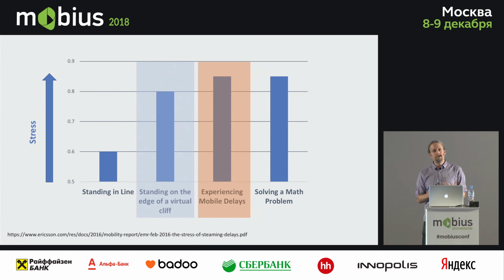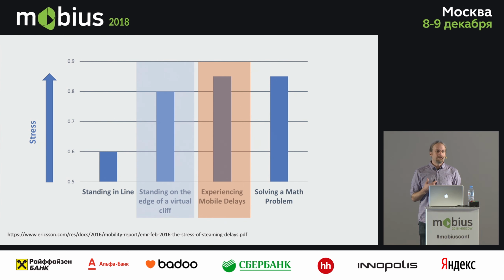And so if we build apps or we build websites that are slow, our customers are stressed out when they're using them. And typically when people are stressed out, they're not happy, they don't come back, reuse it, they don't buy as much stuff. And so if our goal is to have people use our application or buy stuff with our application, this is not the way we want to be going.